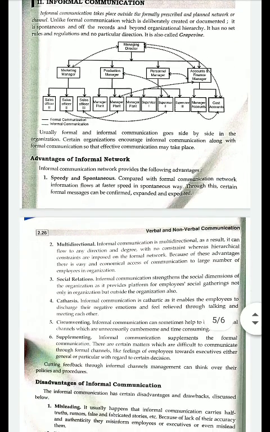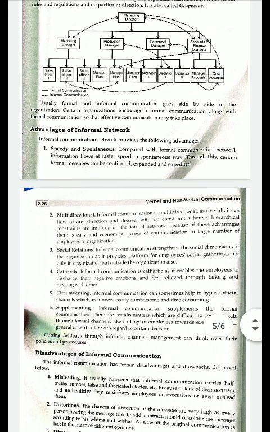There are various advantages of informal communication: speedy and spontaneous. With informal communication there is no systematic manner, that is why it is speedy in nature. Next one is multi-direction.